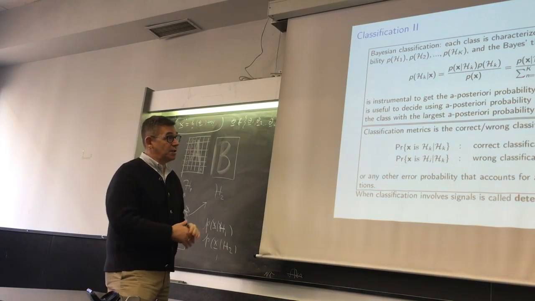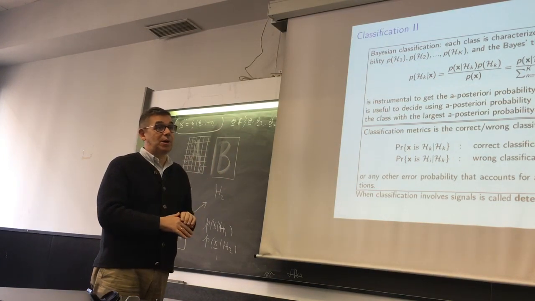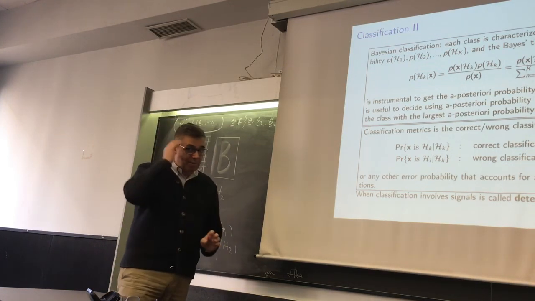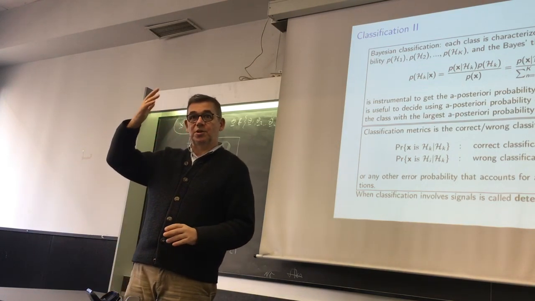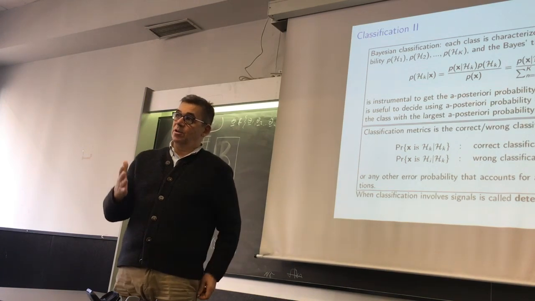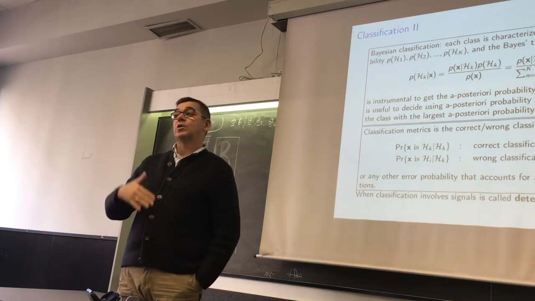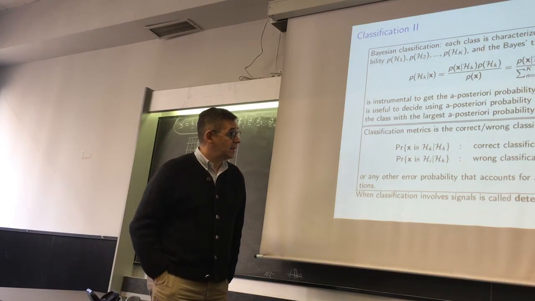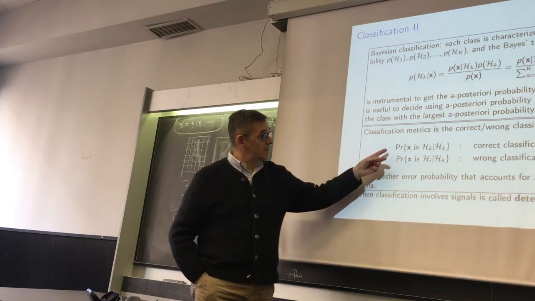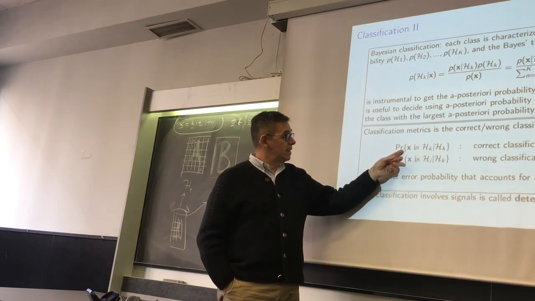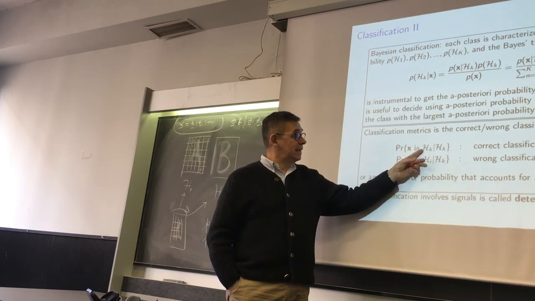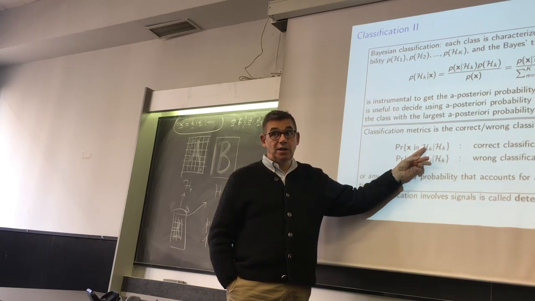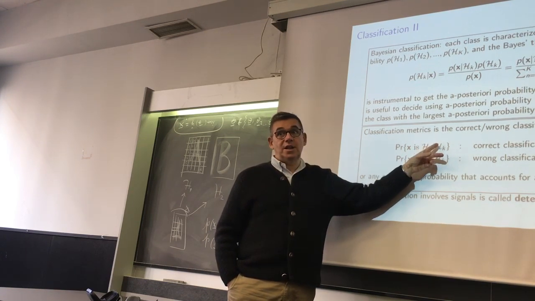Okay? So putting it this way, I try to make a parallelism. Now, what are the methods? If you remember, when we started with estimation theory, we said, what are the criteria? What are the metrics? There are two major metrics. One is the probability that x belongs to the class hk, given that it is hk.